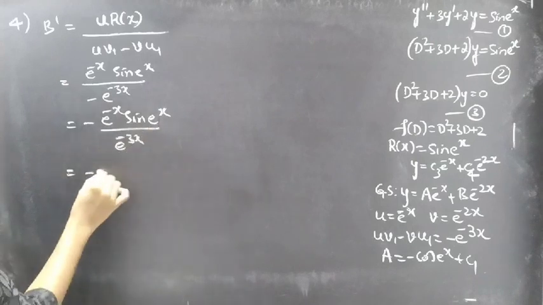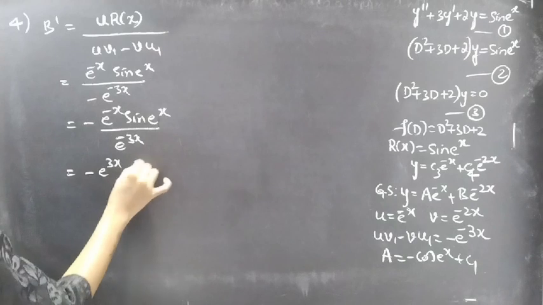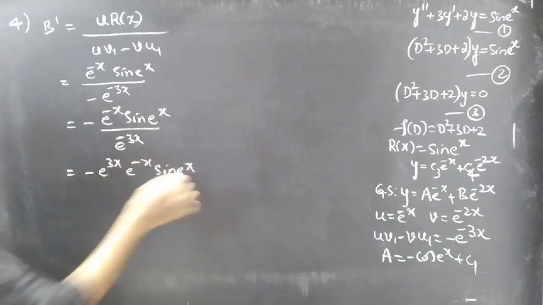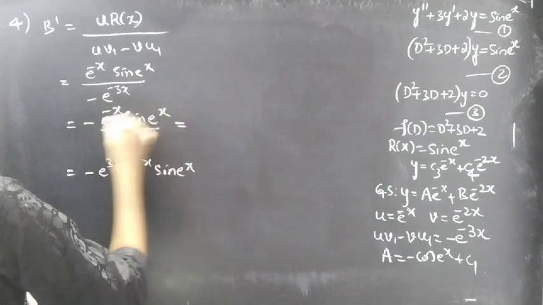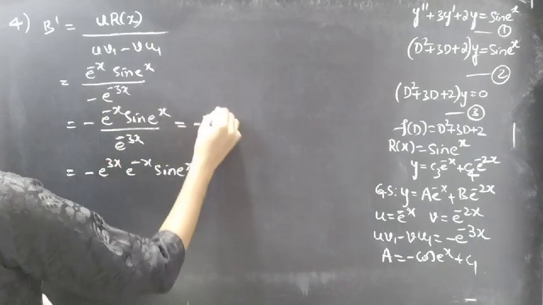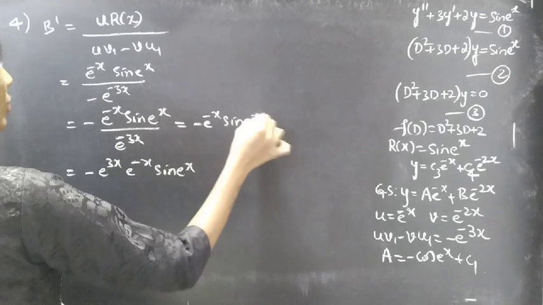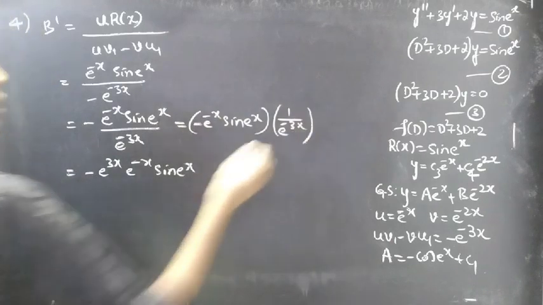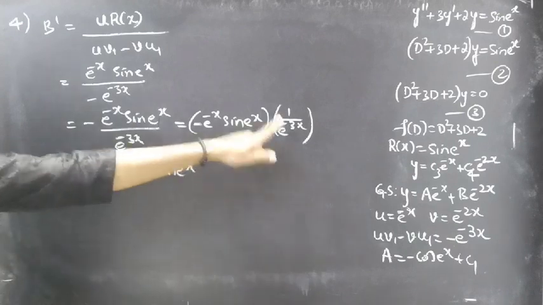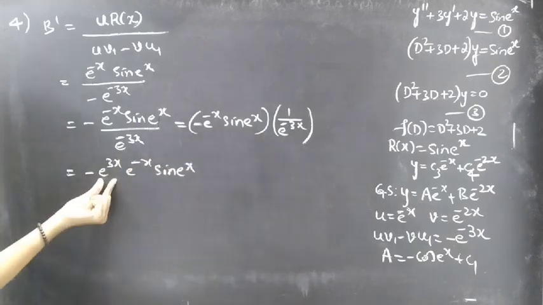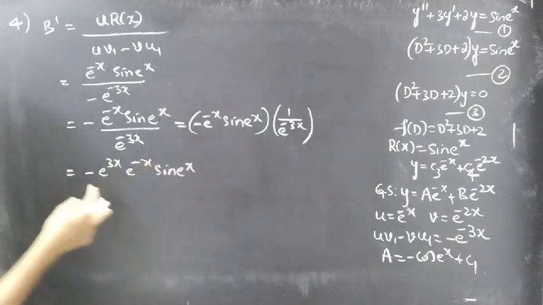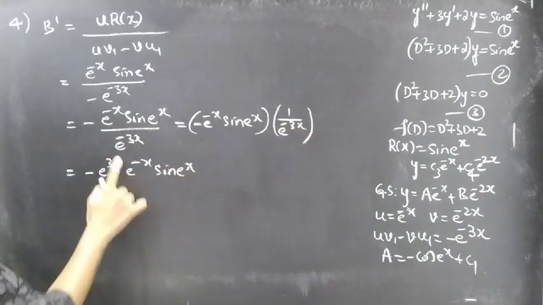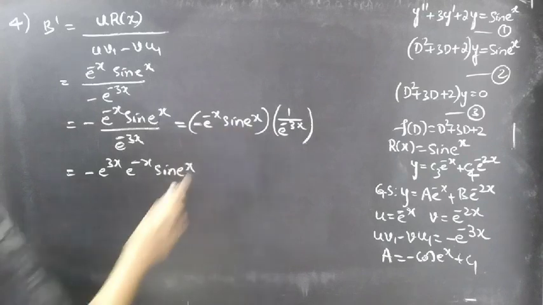Instead of writing this directly, we can split this as minus e power minus x sine e power x into 1 by e power minus 3x. The reciprocal of e power minus 3x is e power 3x, right? From this we'll get minus e power 3x into e power minus x sine e power x.